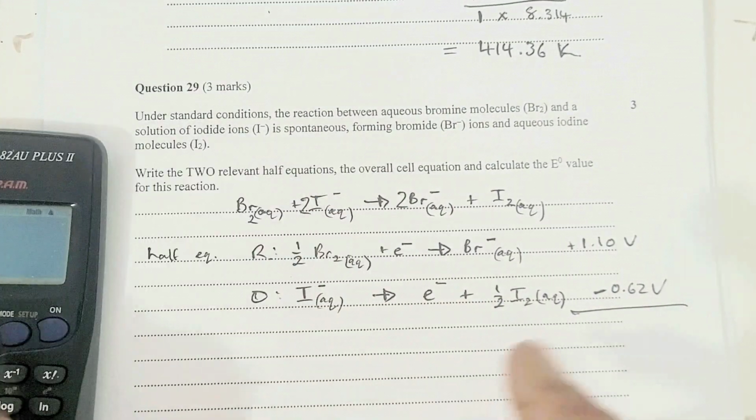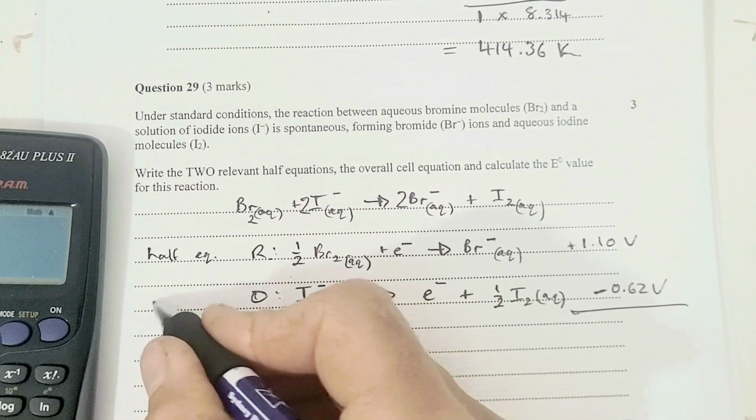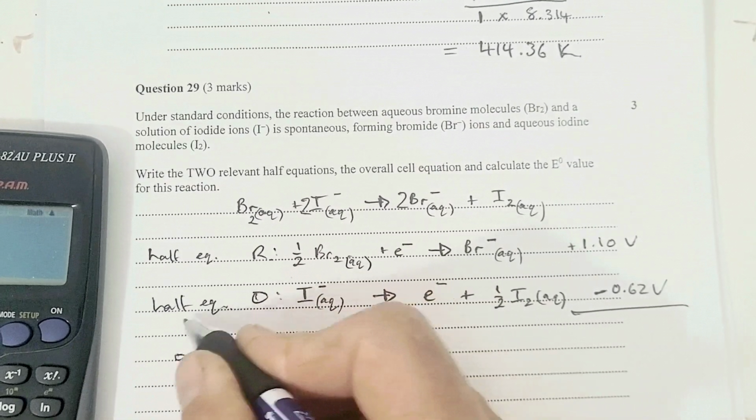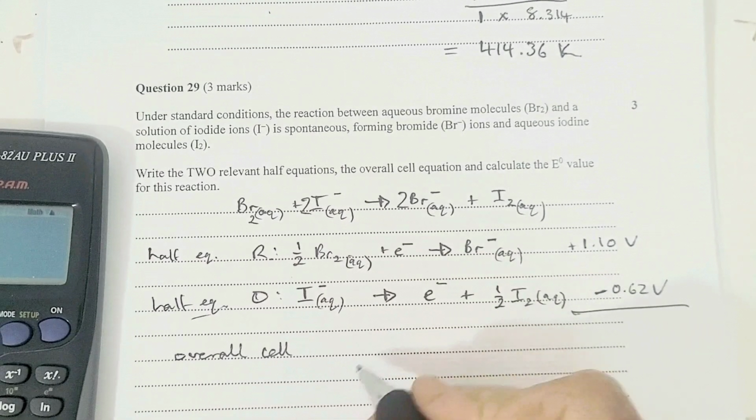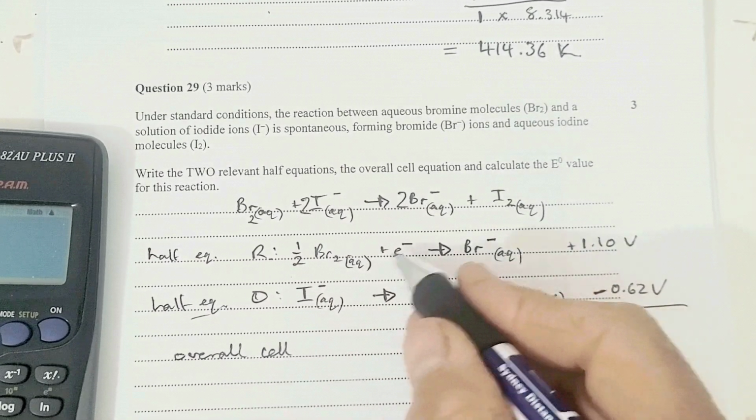So overall, 2 half equations overall. So add them together, the electrons cancel out.